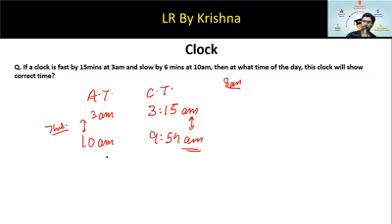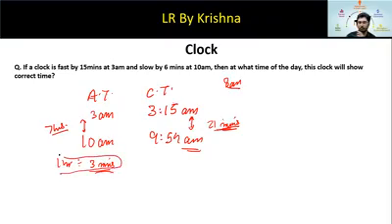See, in 7 hours, clock is losing how many minutes? 21 minutes, guys. In 7 hours, this clock is losing 21 minutes. Am I correct? So per hour, this clock is losing 3 minutes.